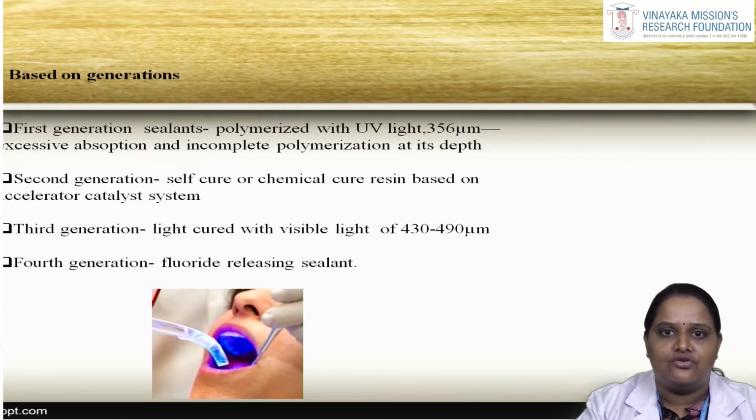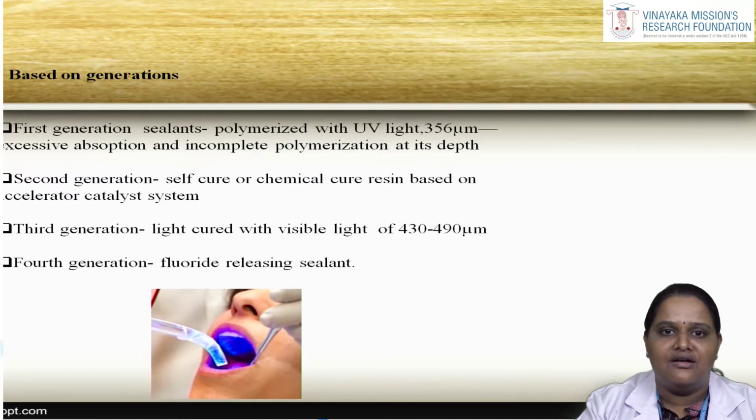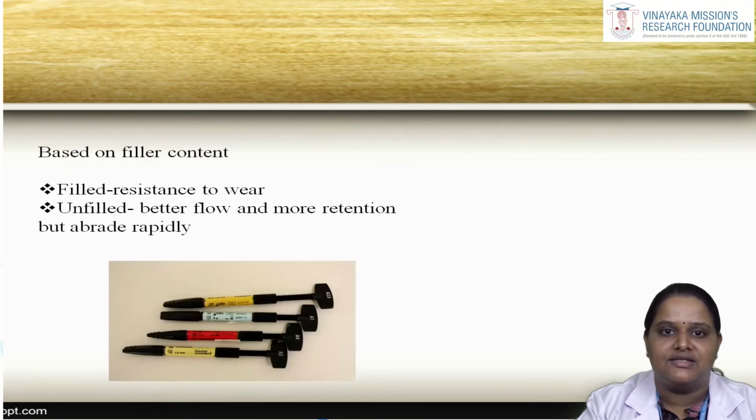They are self-cured or chemical cure resin based on an accelerated catalyst system. And the third generation includes the light cured with the visible light wavelength of 430 to 490 micrometer. The fourth generation are fluoride releasing sealants.